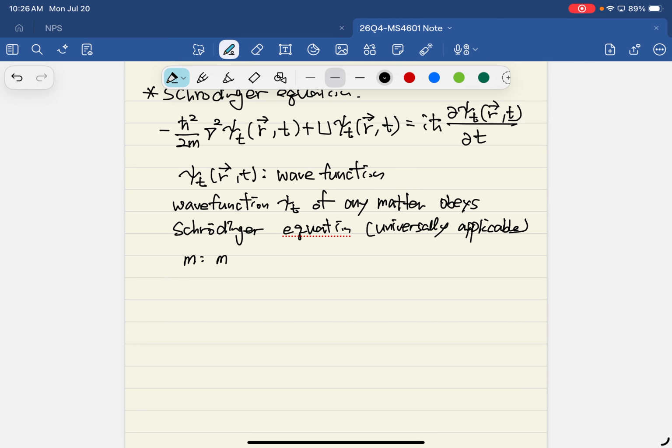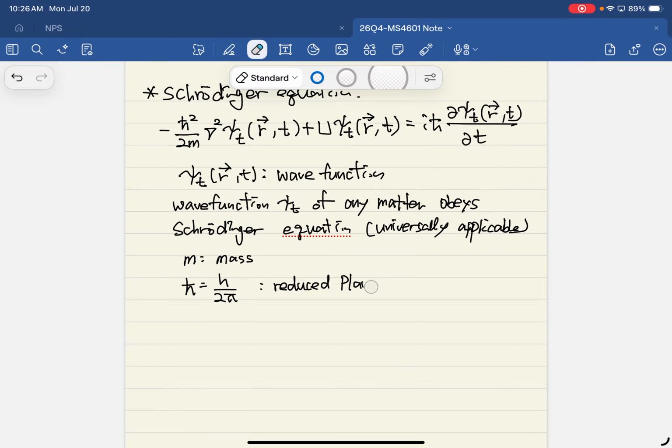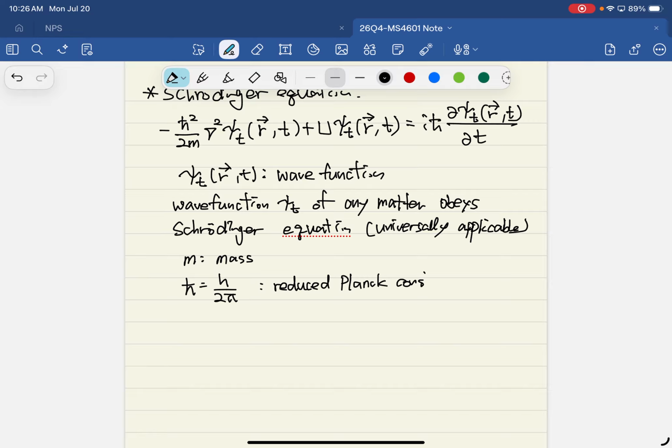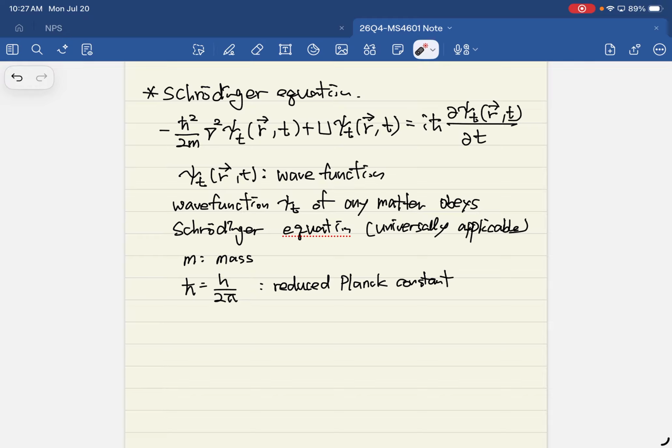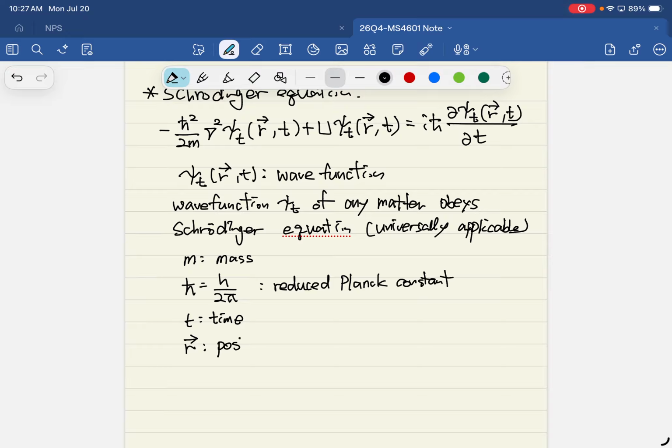Here, let us look at the terms. m is obviously mass. h bar is h over 2 pi by definition, called the reduced Planck constant. h is the Planck constant, and since h over 2 pi appears quite often, they introduced a new term, h bar. t is time, and r is the position vector.